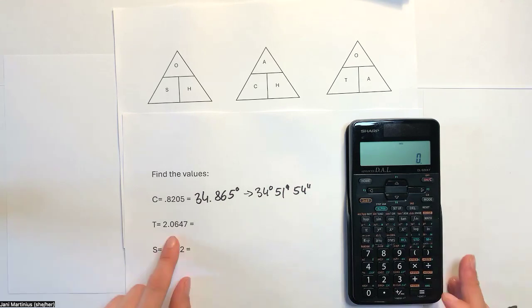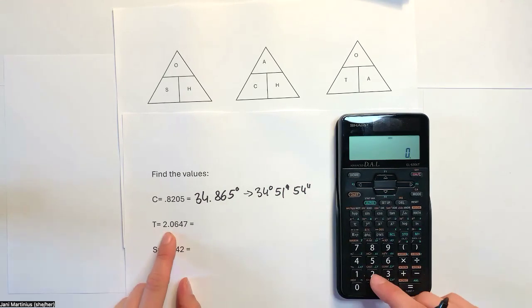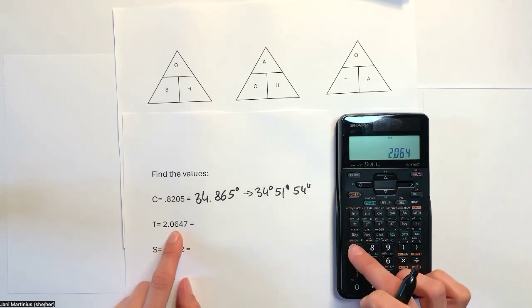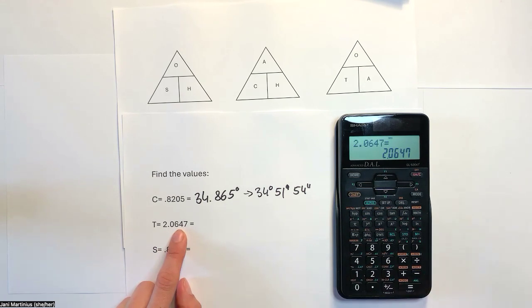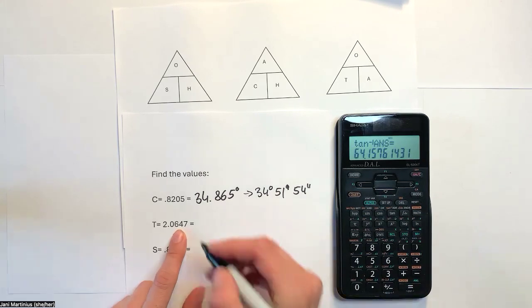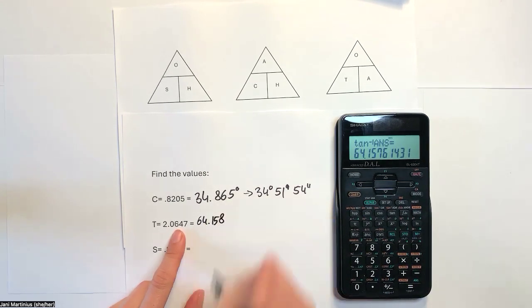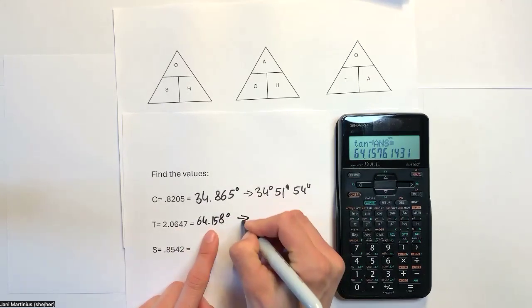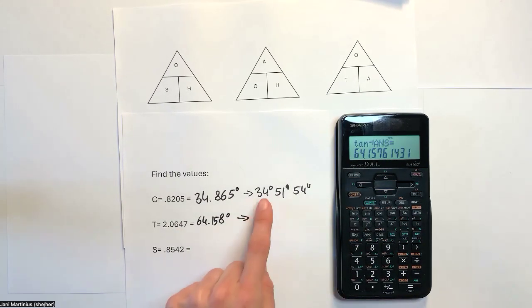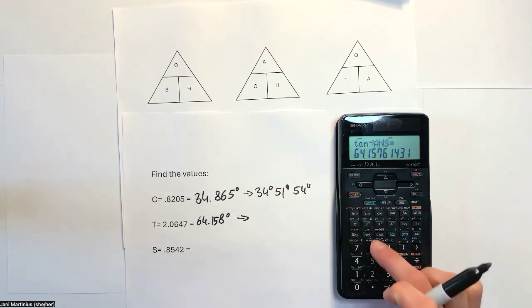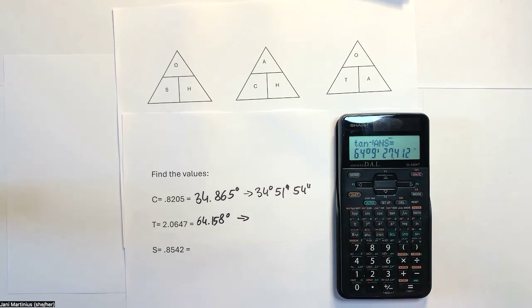Okay, let's try the next one. We have tangent, so 2.0647, enter button on mine, second function, tangent, gives us 64.158 degrees. And turning it into degrees, minutes, and seconds, second function and the DMS button. Here we go.